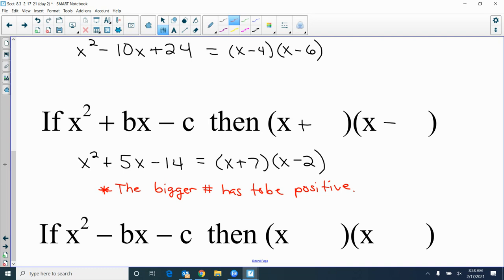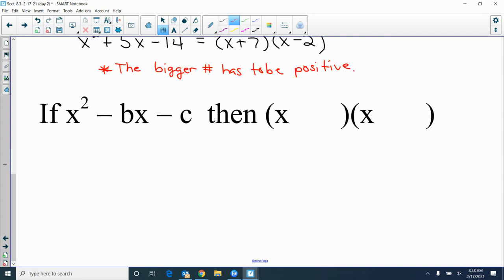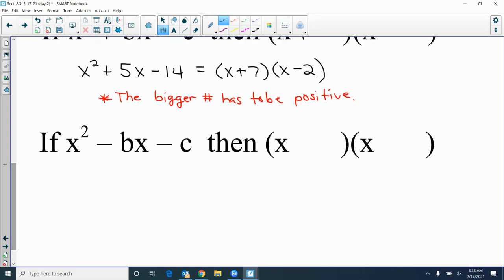And in the last case, x squared minus bx minus c. Okay, then what do my signs have to be as well? All right. One of them still is positive and one of them still is negative. That's not changing because they have to multiply to get a negative. So if I got x squared minus 11x minus 26, what's that going to equal?